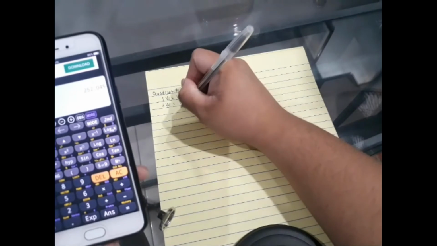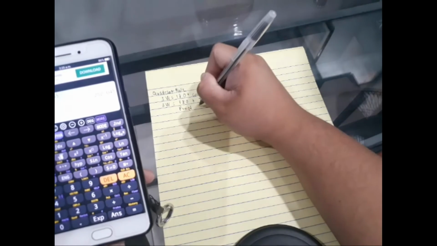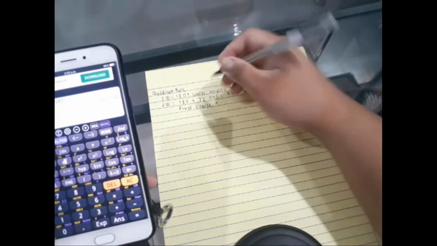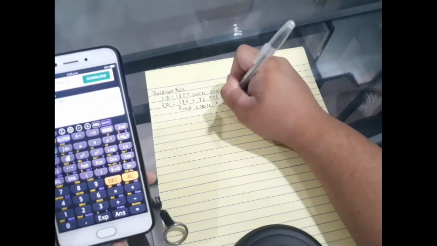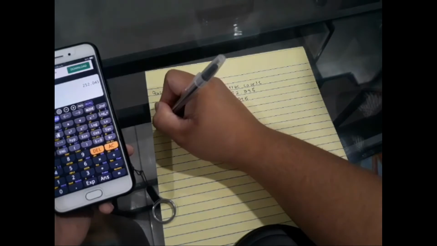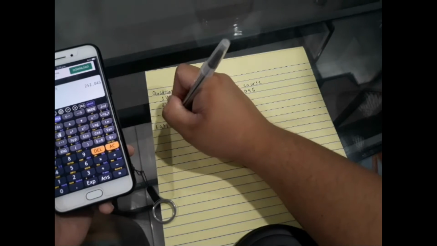So our final course is 252.045. So now we're gonna go to latitude vertex.